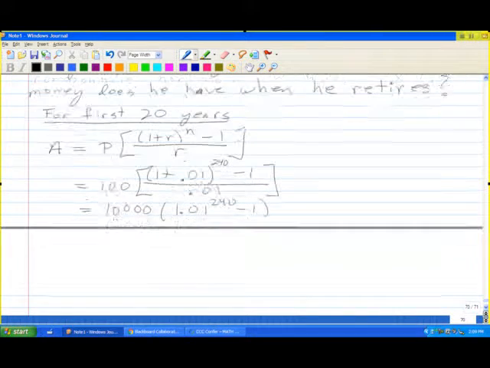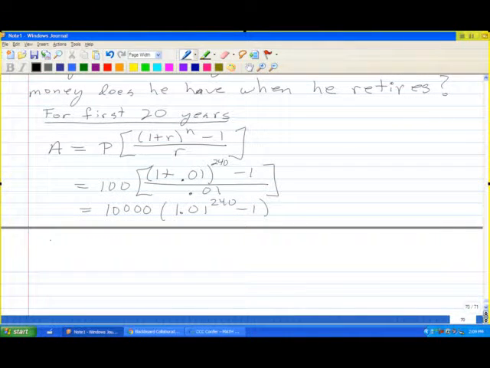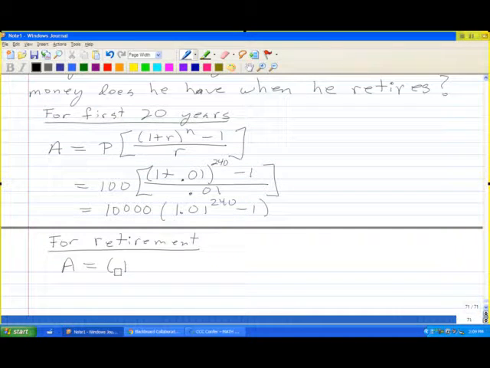Next, for retirement, let's figure out how much money he has. Well, remember the formula is the amount is P times 1 plus R to the N. That's if you do it for N periods.